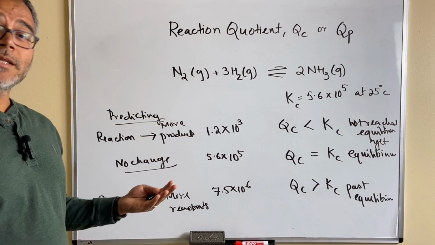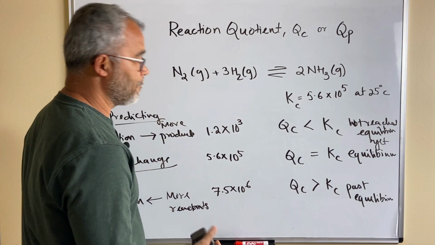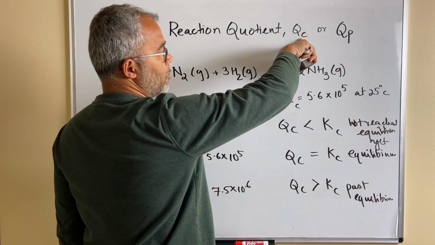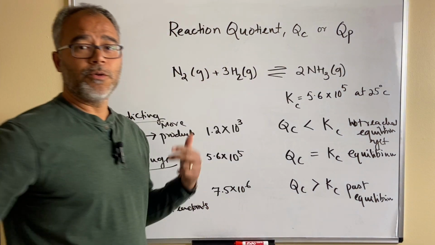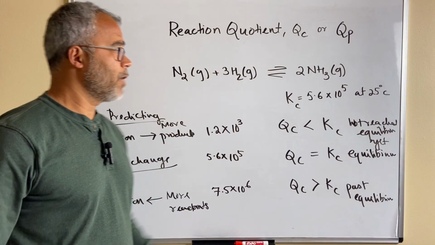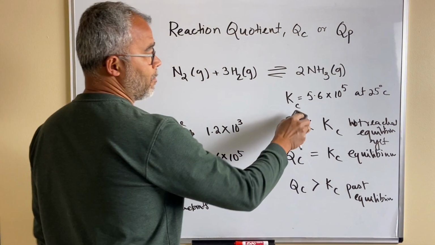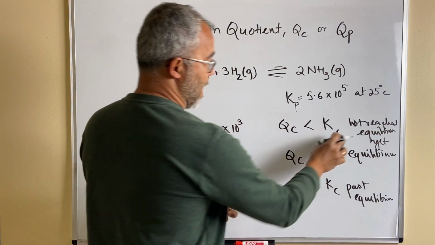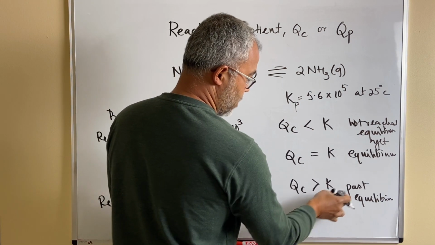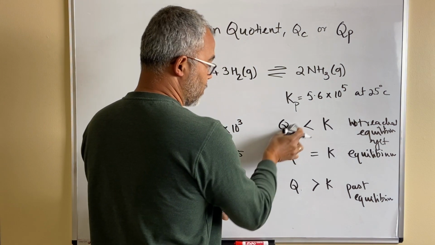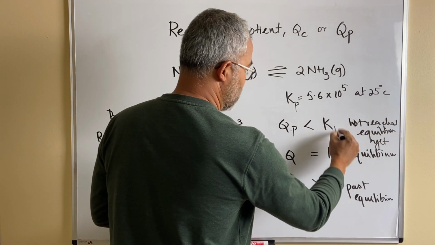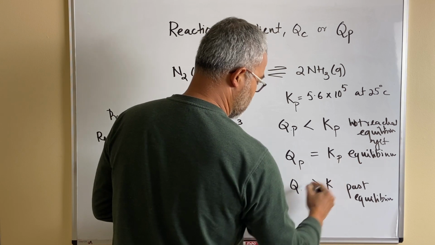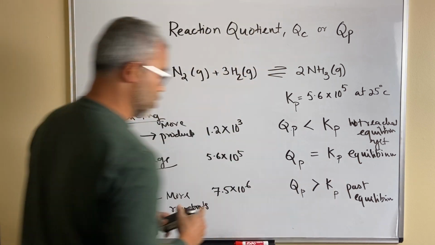Now, another way this can be represented, okay, so notice carefully, I wrote QC out here, QP. So if you measure concentrations in terms of partial pressures, then let's say this was KP, you would compare the value of QP with KP, which is essentially the same thing in terms of partial pressures.